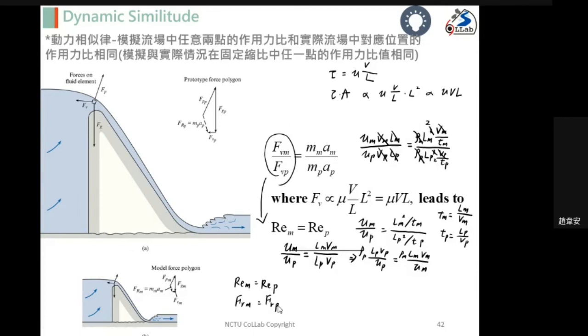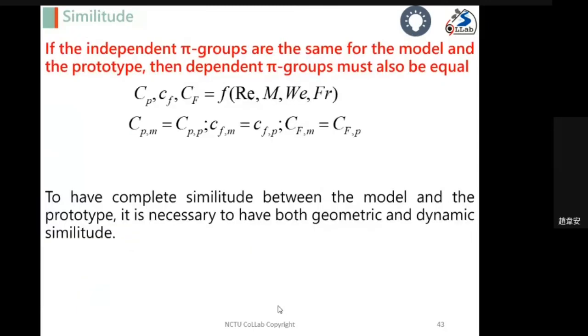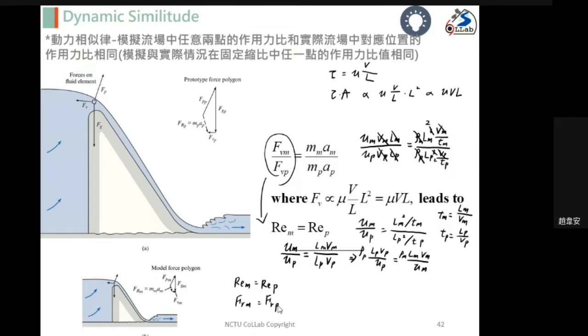Okay, so let's write what the physical meanings are. The physical meaning of dynamic similitude is that we need to satisfy the force ratios for the model and the prototype. Based on your problem, you need to consider which pi groups are important.